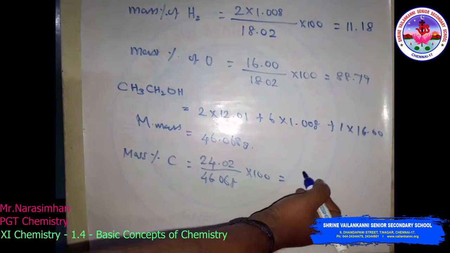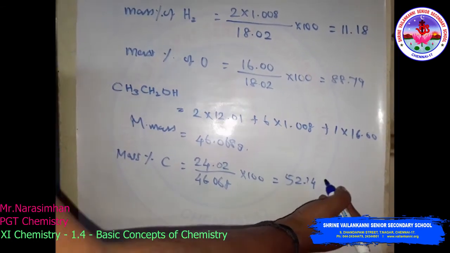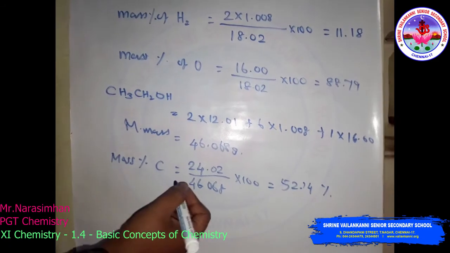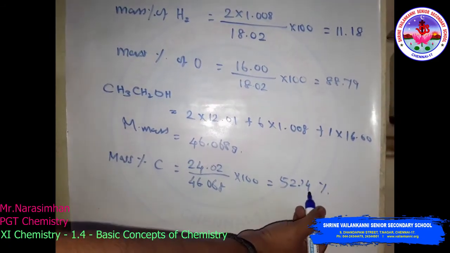You will be getting 52.14 percent. That is, the mass percentage of carbon is 52.14 percent.